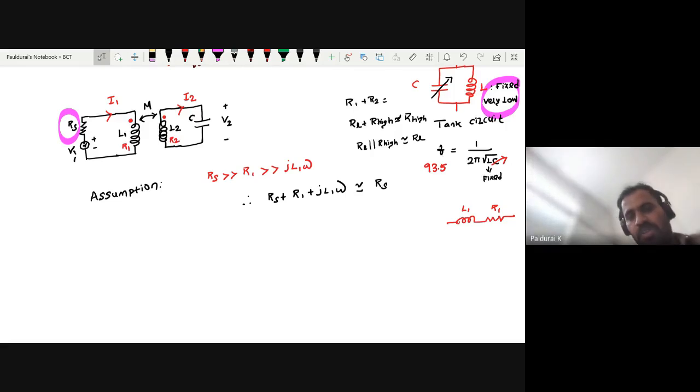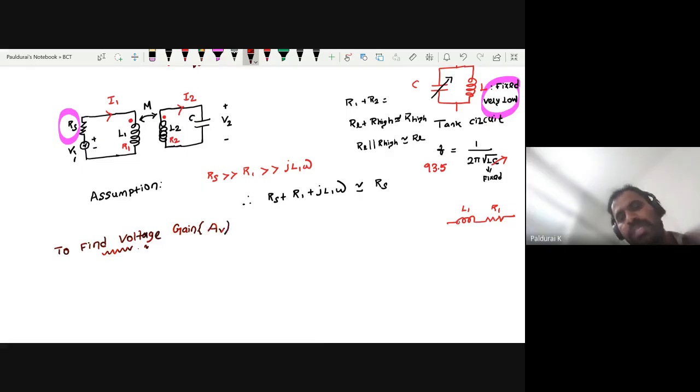Now here I want to find the voltage gain. Let me find the voltage gain, it is very important. The voltage gain is denoted as A sub V. What is the formula to calculate voltage gain?